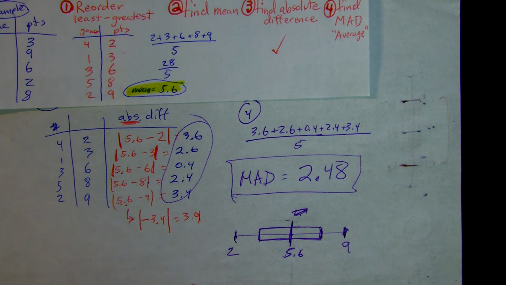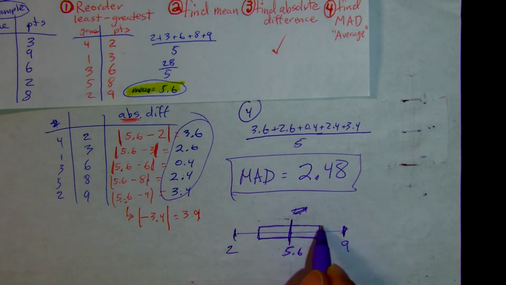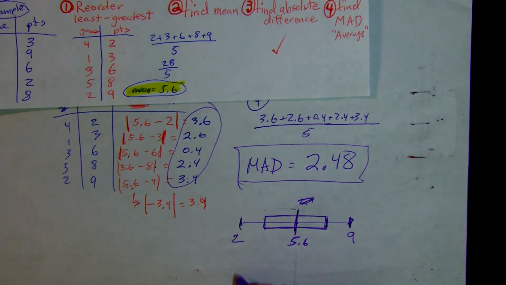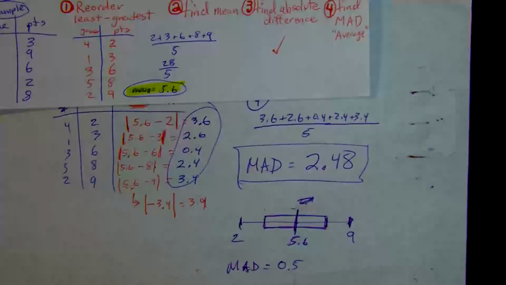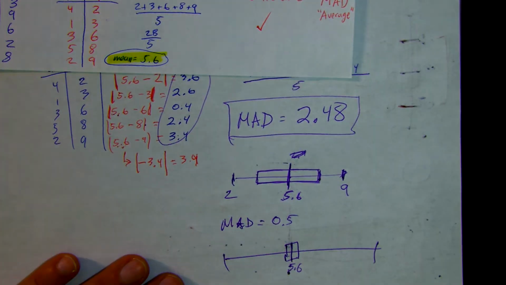So this would be a situation where it's pretty far spread out. If the MAD was, say, really small, if we ended up with a MAD that was 0.5, that would be one of these guys. Here's my average 5.6. That would be a situation like this, right?